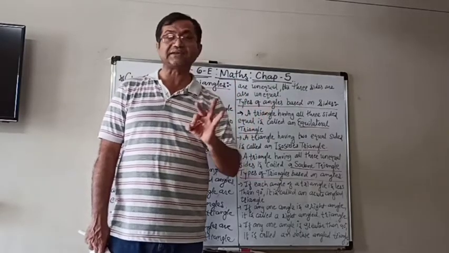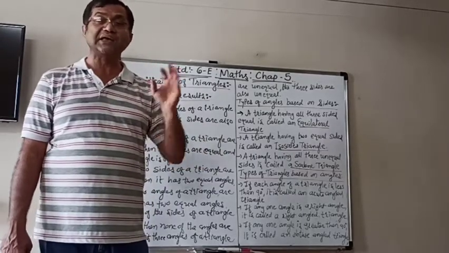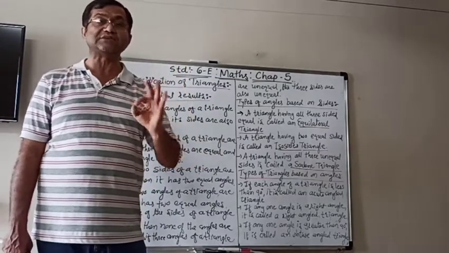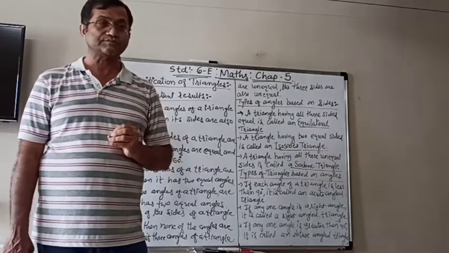So what is an acute angled triangle? If all the angles have measure less than 90 degrees, meaning all three angles are acute angles.